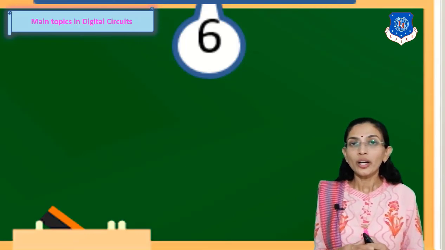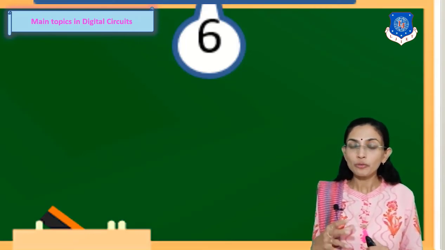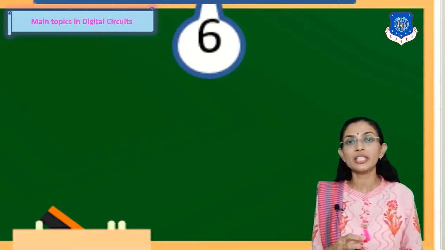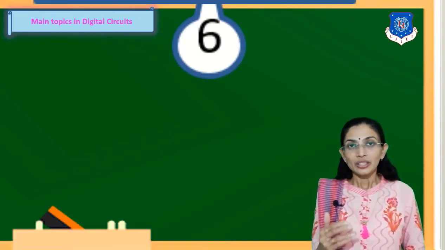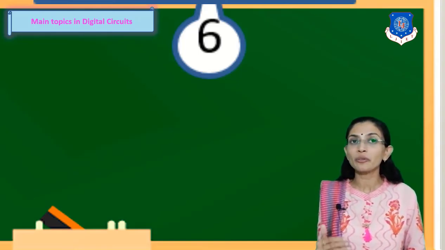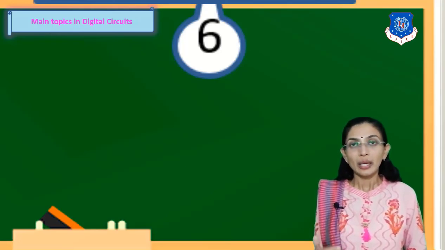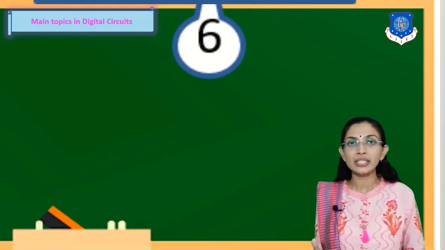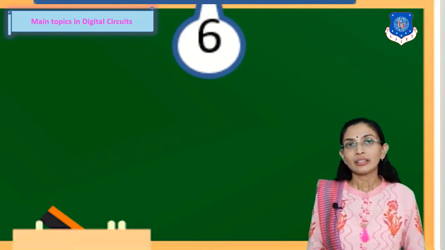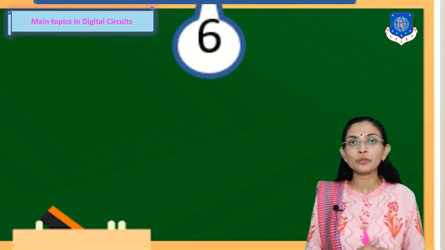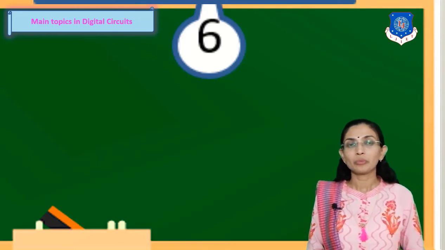But first of all, I would like to explain the difference between analog and digital circuits. In chapters number 1 to 5, I have discussed the different applications of diode and transistor. Those are analog components and the circuits will be designed using these analog components.